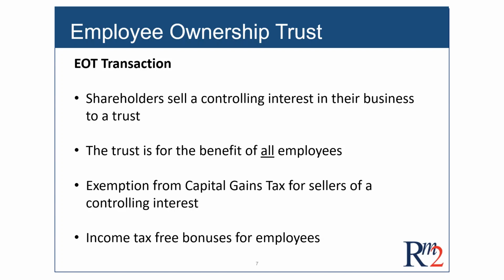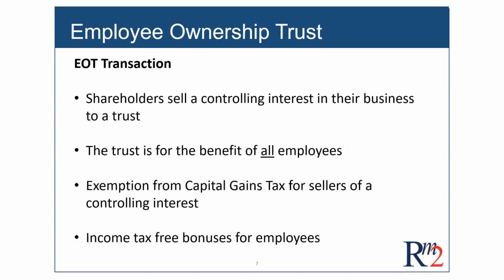It has to have a controlling interest. We'll get into a bit more detail on that. The trust is for the benefit of all employees, and if you meet all the requirements for an EOT, so you're an EOT compliant business, the sale of the business is exempt of capital gains tax for the sellers.